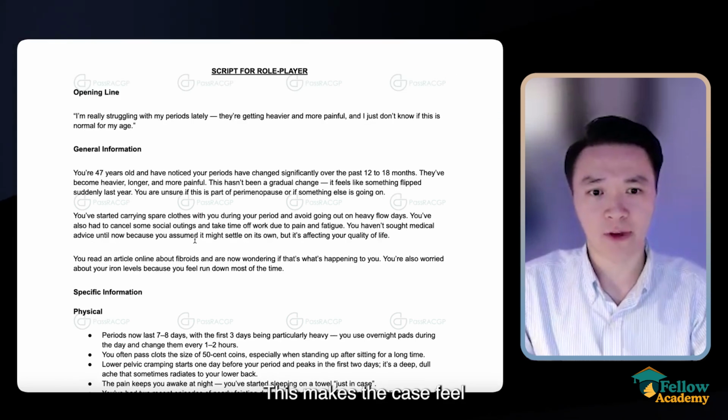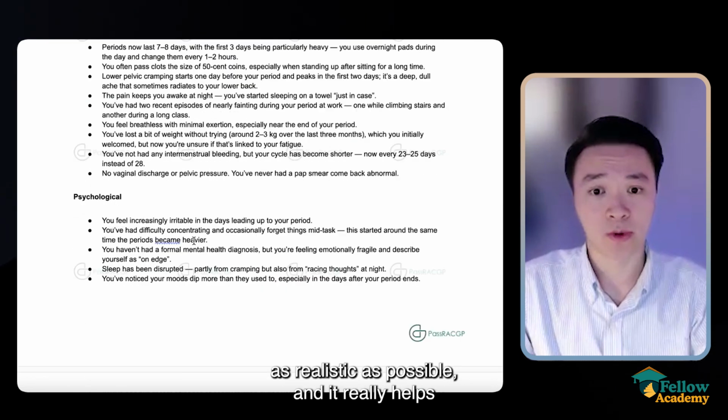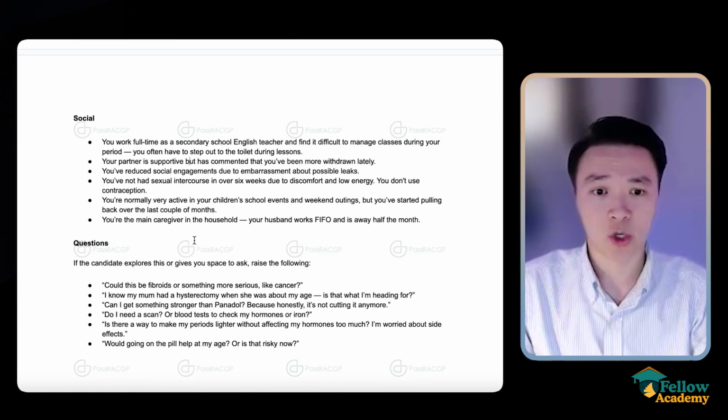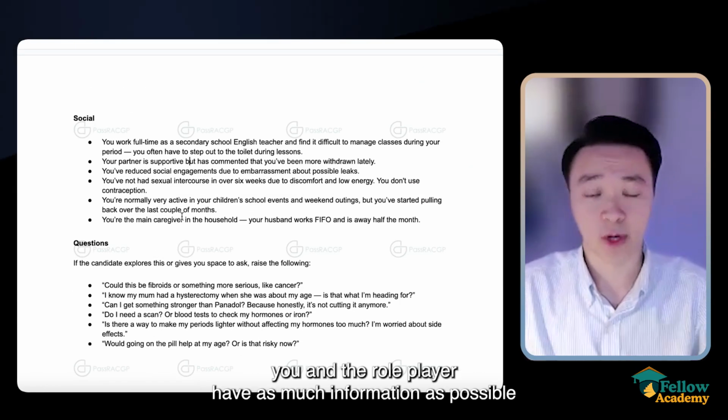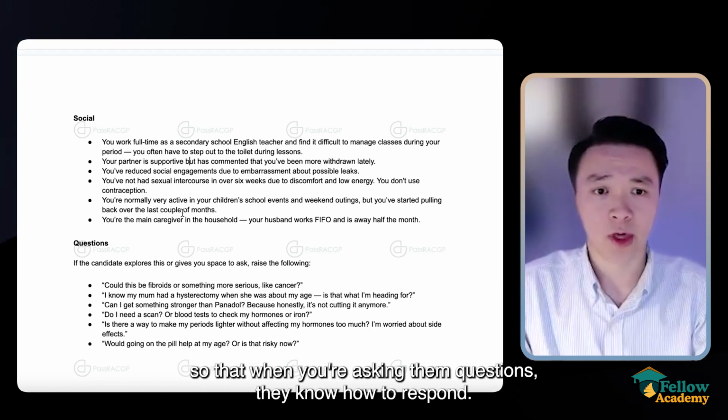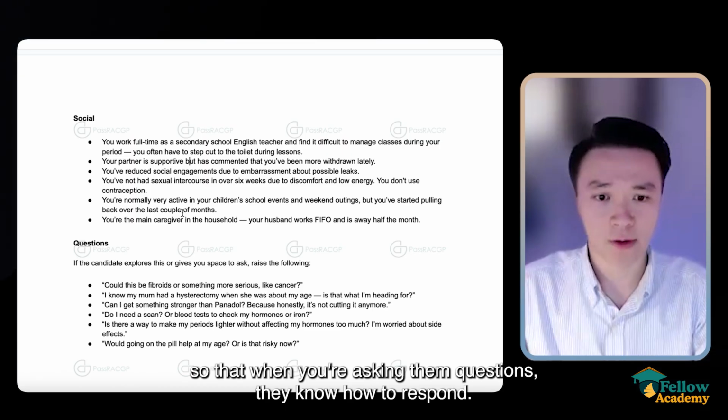This makes the case feel as realistic as possible, and it really helps you and the role player have as much information as possible, so that when you're asking them questions, they know how to respond.